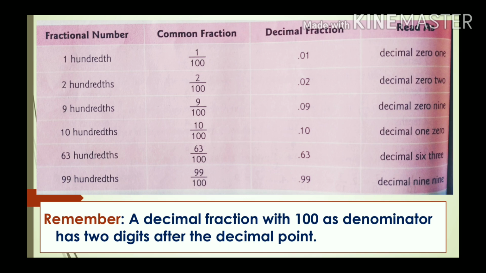Remember, a decimal fraction with 100 as denominator has 2 digits after the decimal point.